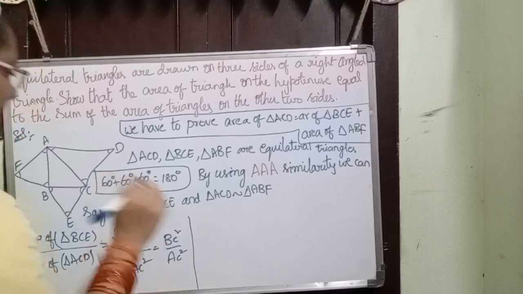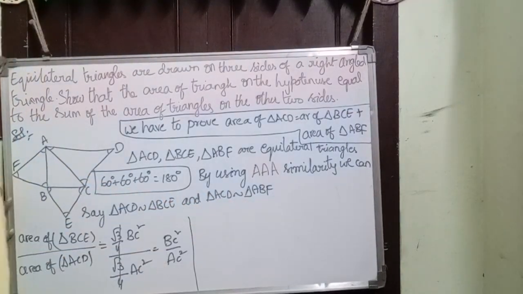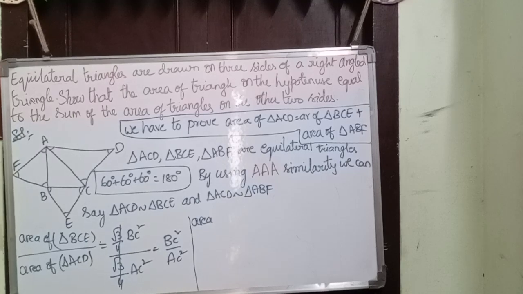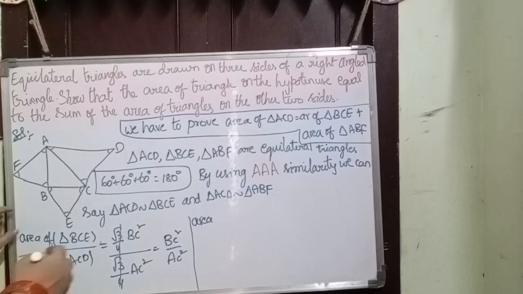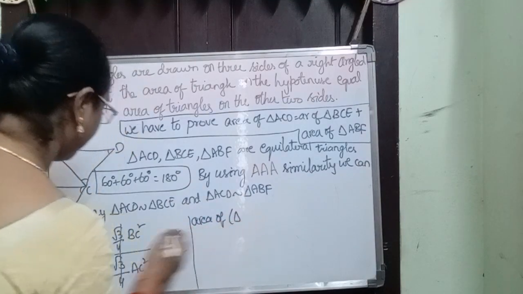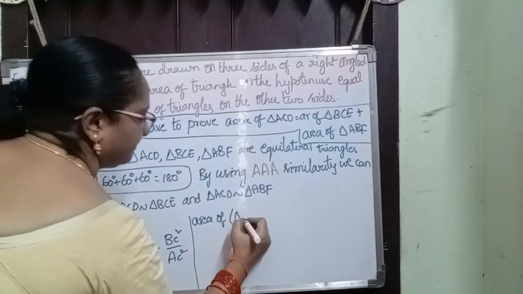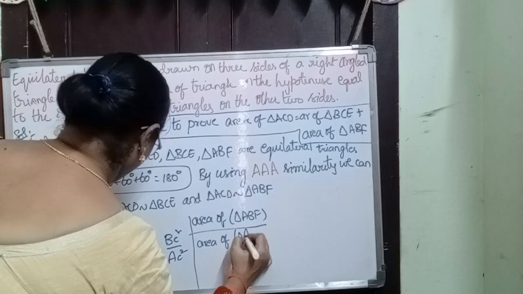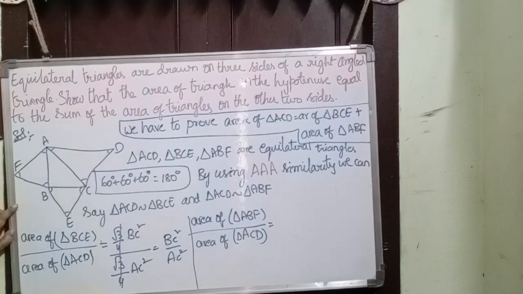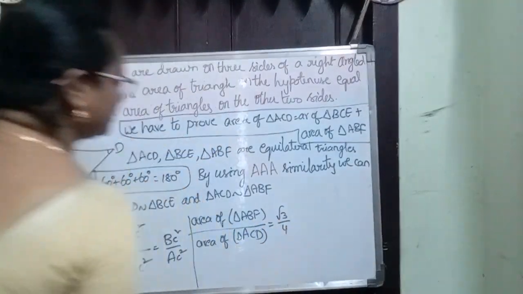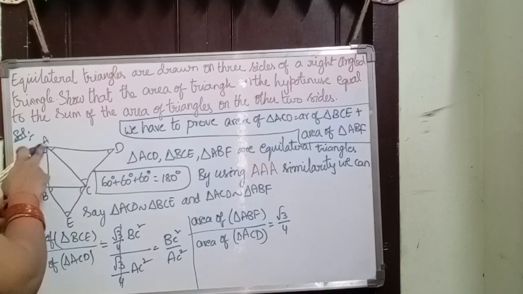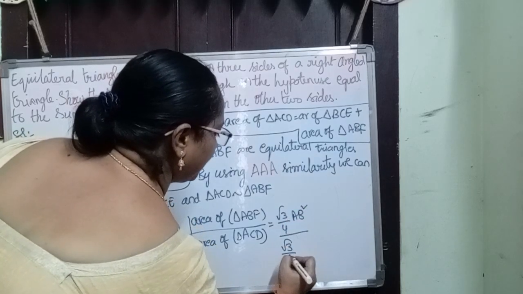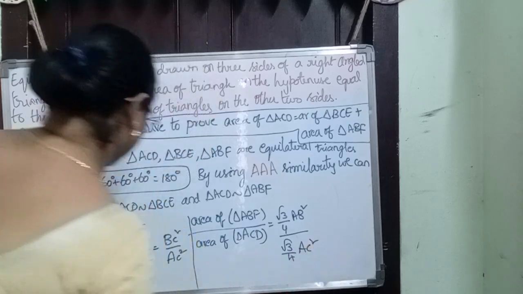Next, these two are similar, so we can say area of triangle ABF by area of triangle ACD equals, using the area formula again, root 3 by 4 a square, where a is the side. So for ABF the side is AB: AB square by root 3 by 4 into AC square.